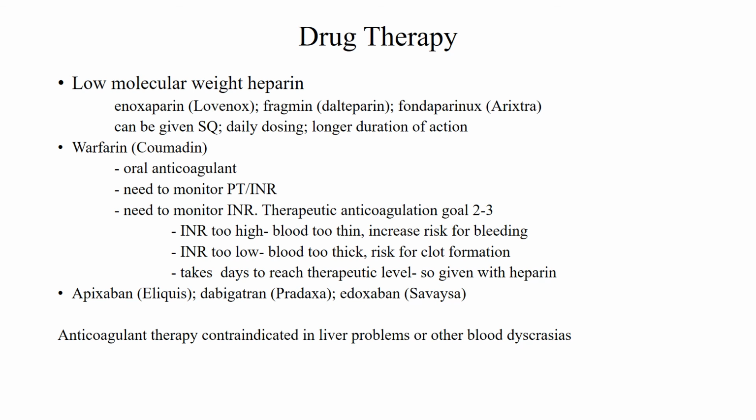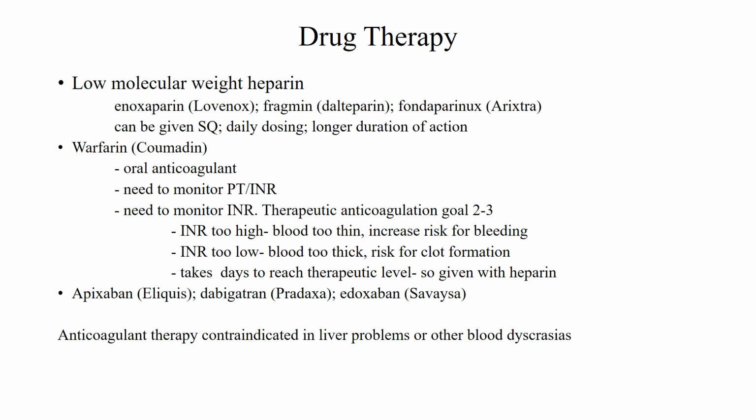So there is an increased risk for bleeding. If the INR is too low, it means blood is too thick and there is a risk for clot formation. It will take days to reach the therapeutic level of 2 to 3 on a patient being given warfarin. So in the meantime, the patient may be given heparin.